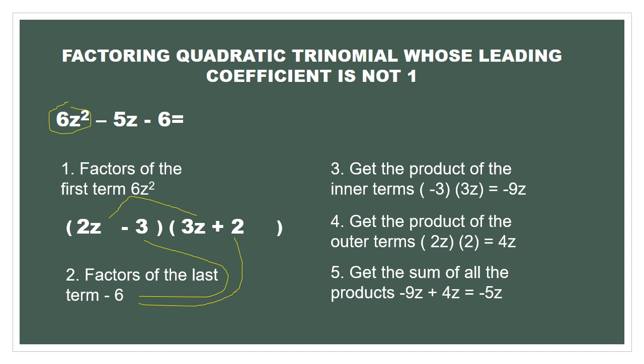We have negative 9z plus 4z is equal to negative 5z. Napansin ninyo, magkapareho yung ating sagot doon sa ating middle term. Therefore, the factors of 6z squared minus 5z minus 6 is equivalent to quantity 2z minus 3 times quantity 3z plus 2.